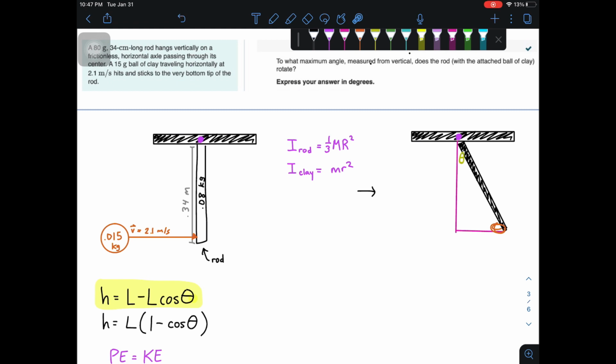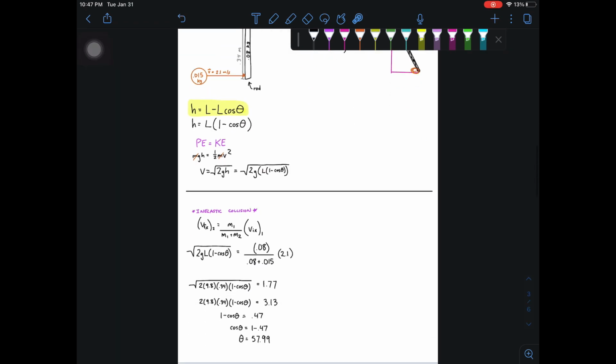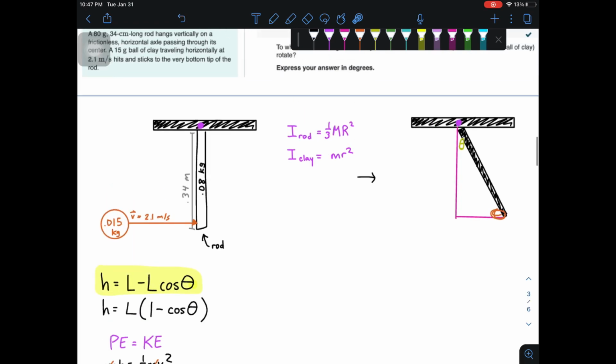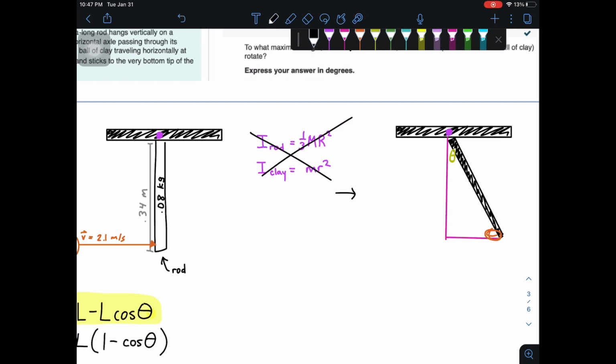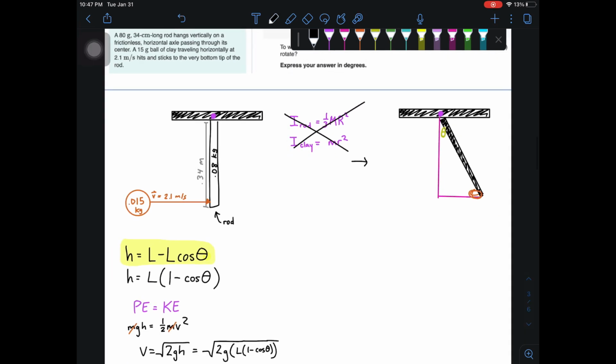And it's important to note that the moment of inertia of the rod is... actually, we don't even use moment of inertia, so scratch that. But that's how I start every problem, writing out what I would know about a situation or could potentially find useful, so that's why that was there. I just forgot to delete it.